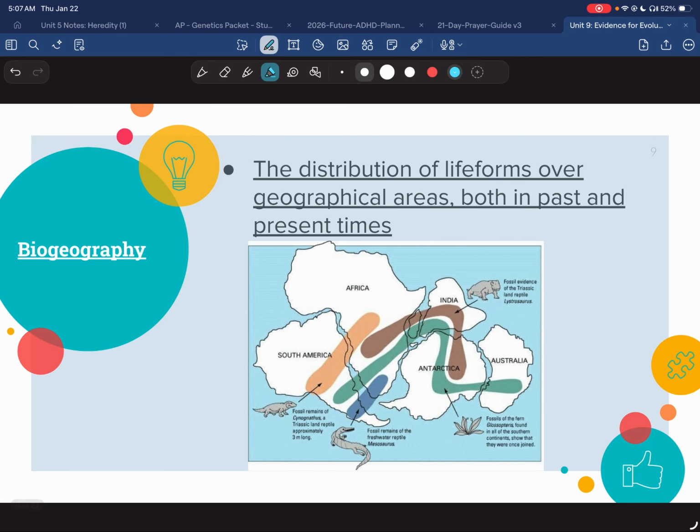Okay, biogeography. This is probably the easiest term that we're going to have on this unit. It's where things lived. See, geography of bio, got it? So it's the distribution over geographical areas. Like this is Gondwana land. That's what it's called, I promise.